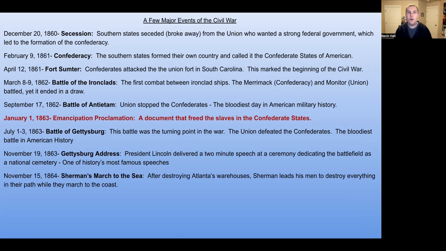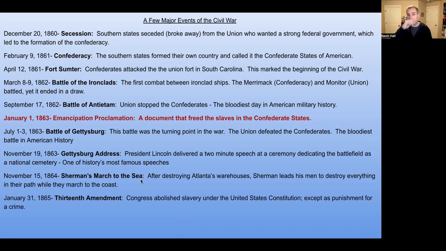And he basically ordered his men, burn it all, destroy everything you see, steal their pigs and their cows and eat them. He wanted to split the South into 2, and he effectively did that. The South never really recovered from Sherman's march to the sea and all the devastating destruction that took place. Gettysburg was certainly the turning point for the war, but Sherman's march to the sea kind of sealed the deal, right?